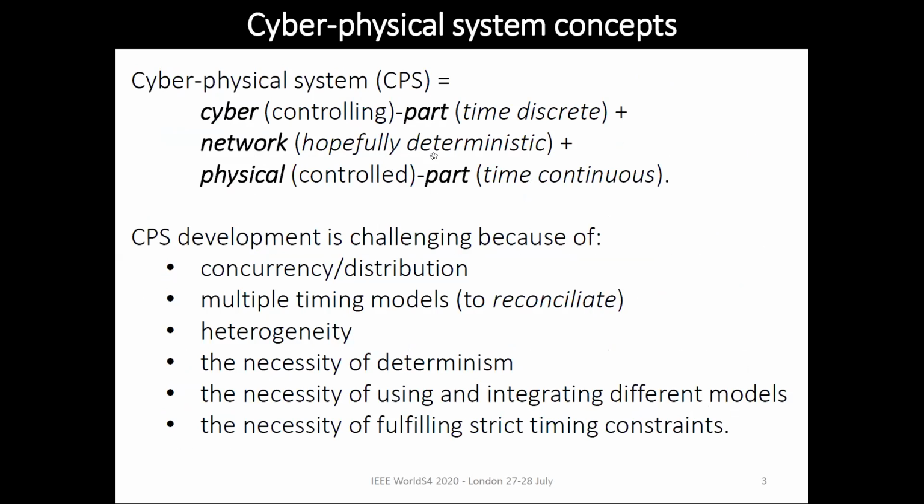The cyber and physical parts have different timing models. So the challenge is to reconcile the two timing models and to cope with heterogeneity and the necessity of determinism. Determinism means that if we have a deterministic system, the same input must give the same output.